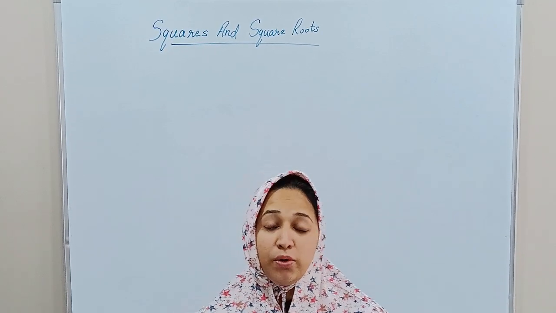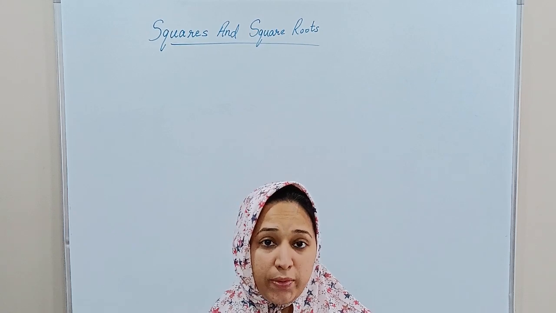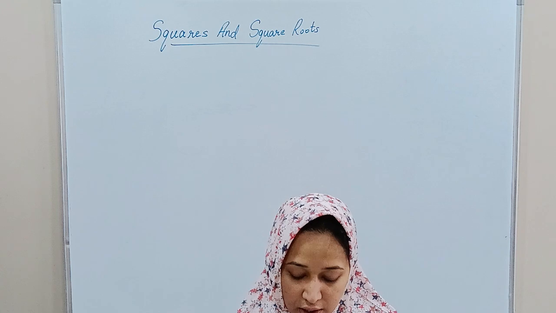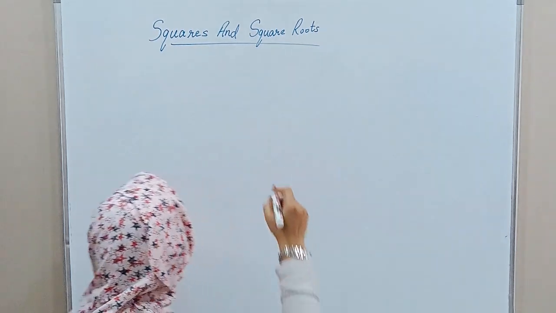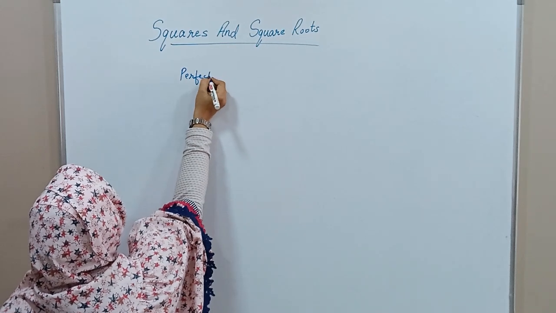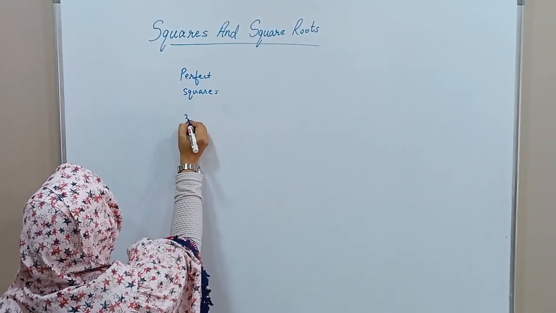In today's video, we will learn how to find out the number of digits in a square root of a perfect square. So let us understand first, taking few examples. Suppose we have few perfect squares. For example, 36.